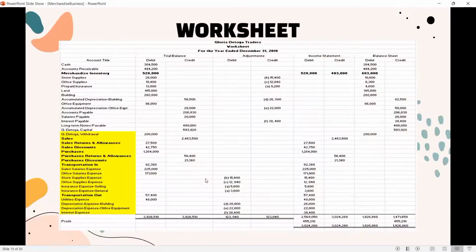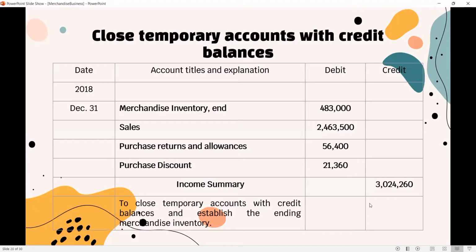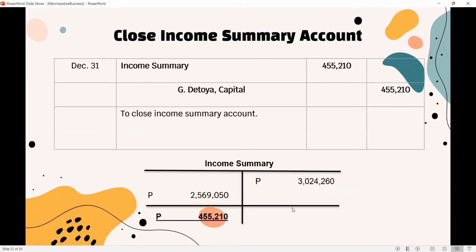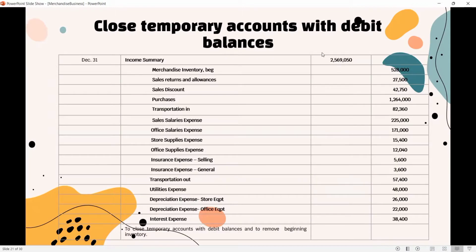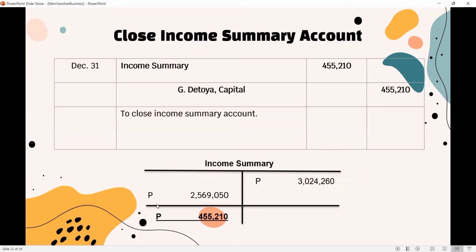Ito 'yon. Naka-credit siya kaya nasa credit section. Tapos 2 million, ilalas natin yung 2,569,050. Ito naman 'yon. To get the amount na 455,210. Tapos lagyan ulit natin ng explanation to close income summary account.